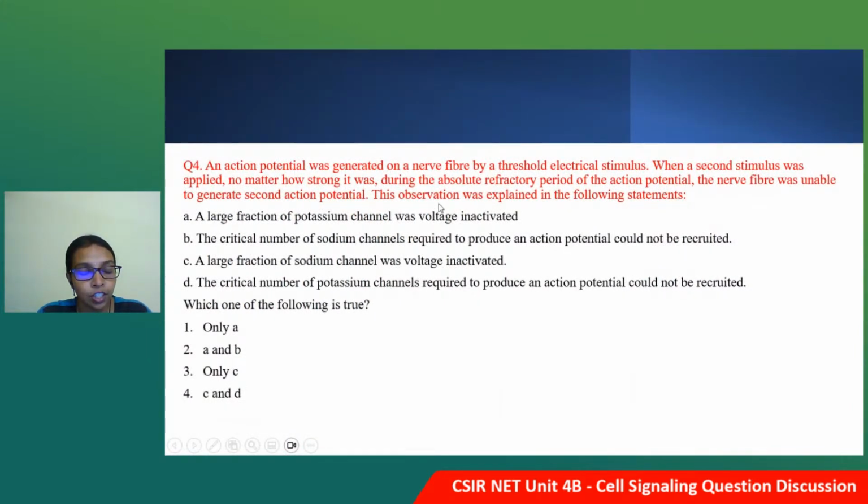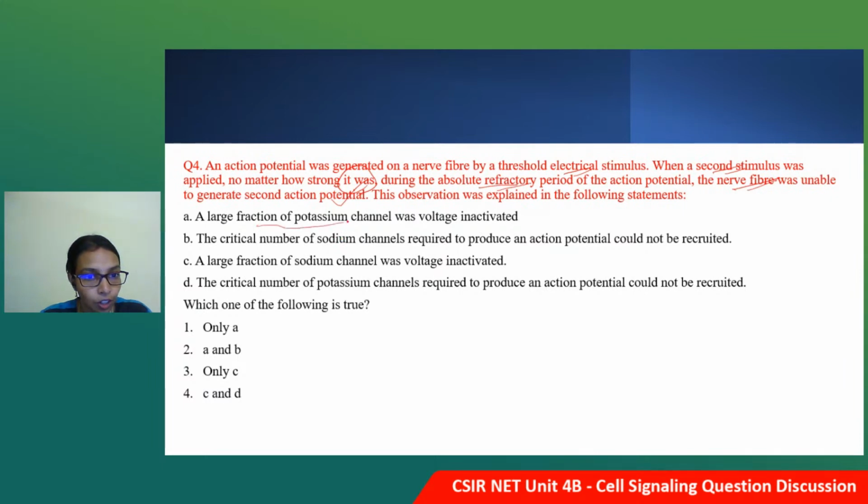An action potential was generated on a nerve fiber by a threshold electrical stimulus. When you provide a second stimulus, no matter how strong it was, during the absolute refractory period of the action potential, the nerve fiber was unable to generate a second potential. And these were the observations seen.